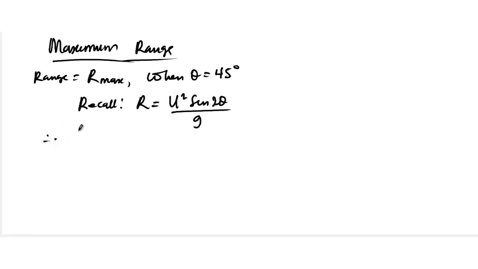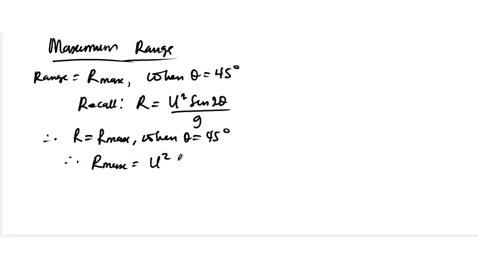So R is equal to R max when theta is equal to 45 degrees. Therefore, R max will now be equal to u square times sine 2 times 45, over g.